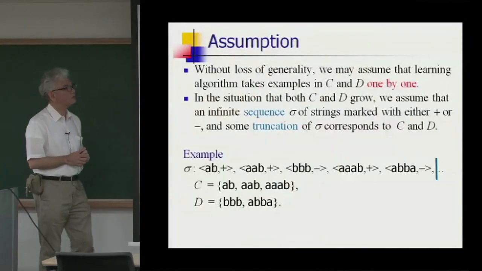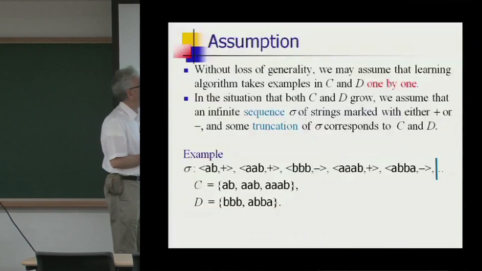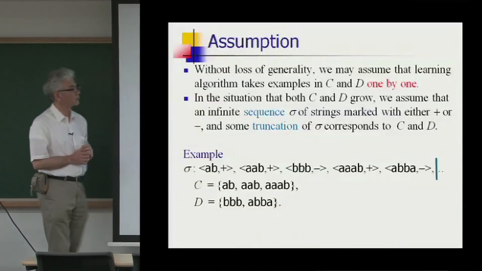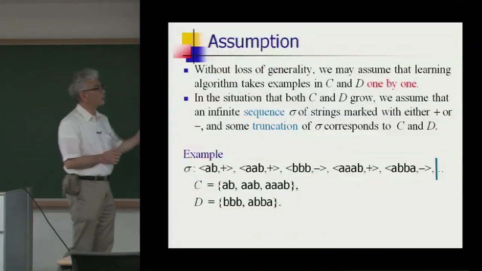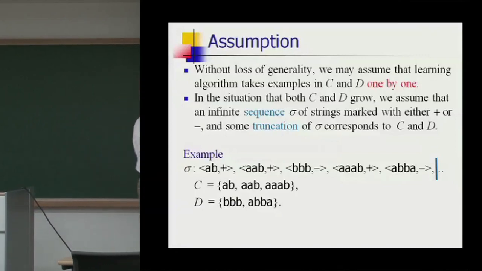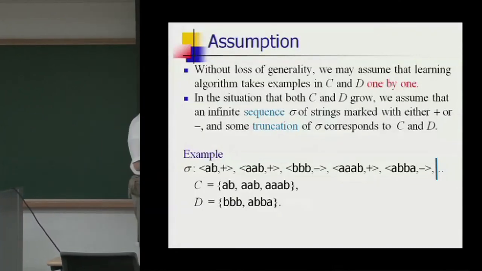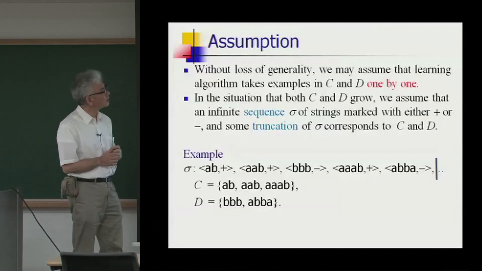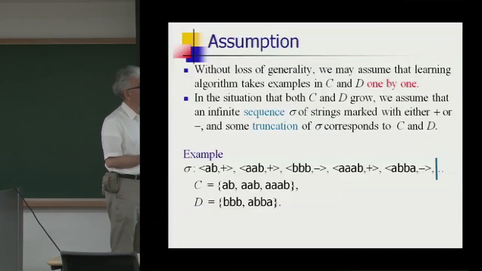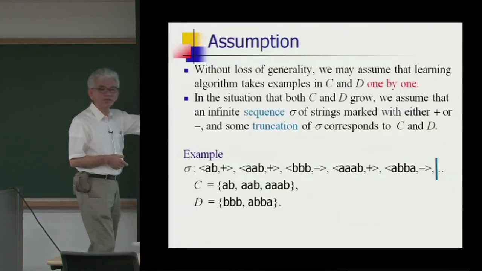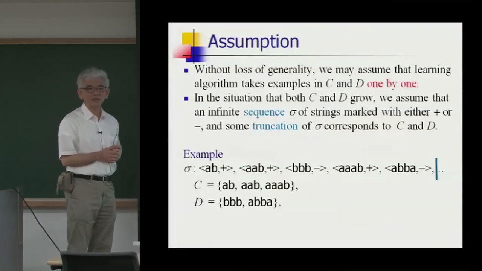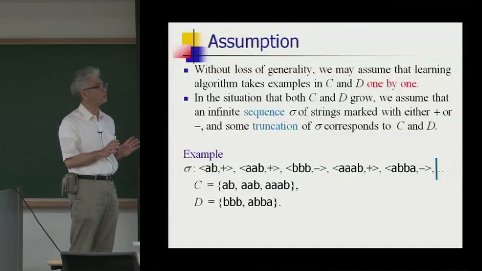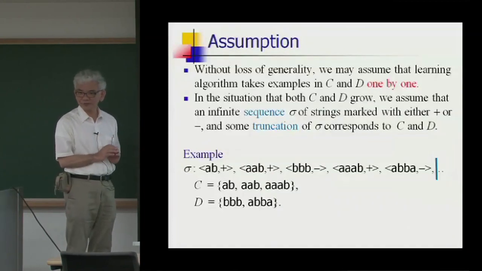And to give a mathematical definition, we first give some assumptions. At first, without loss of generality, we may assume that the learning algorithm takes examples in C and D one by one. This is a very natural algorithm when we write down a program of a learning algorithm.